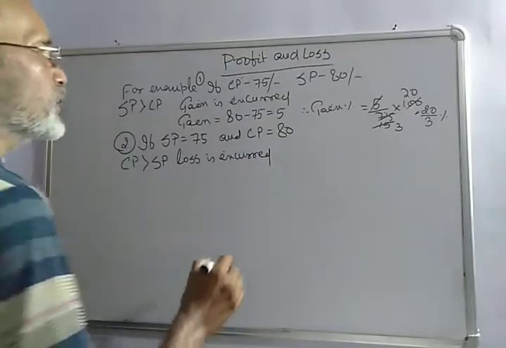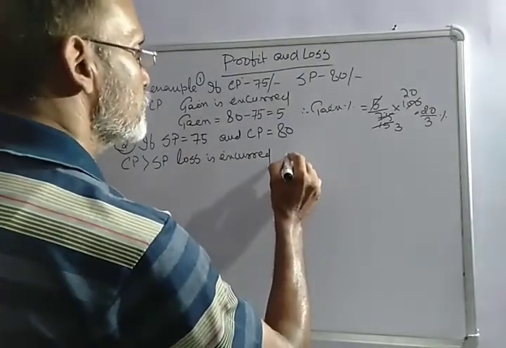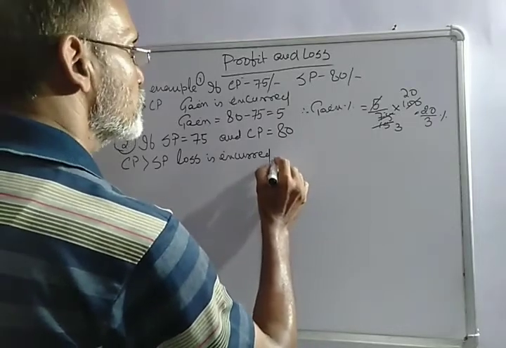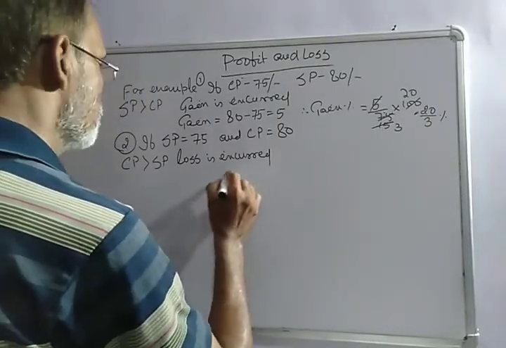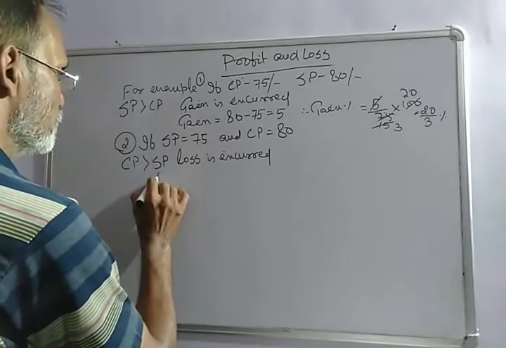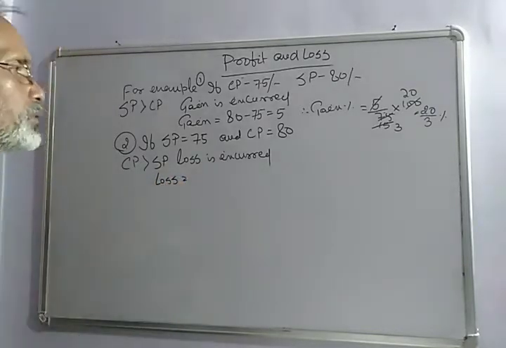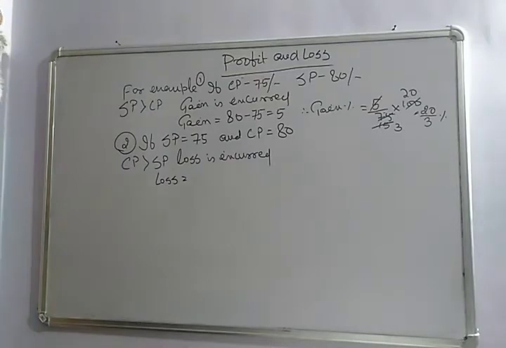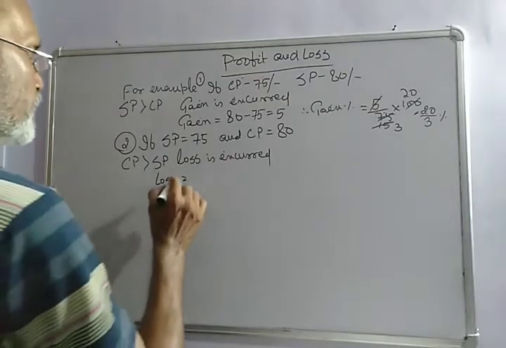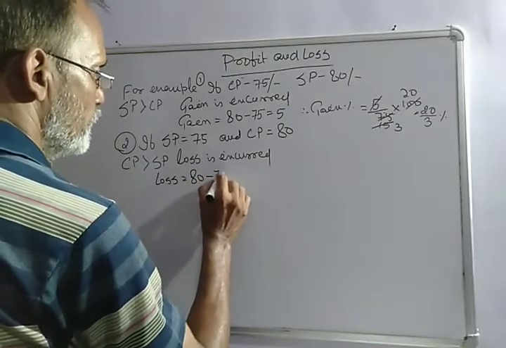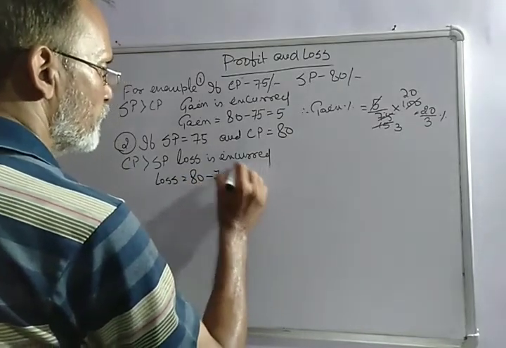So loss percentage is equal to loss, which is 80 minus 75. So this is equal to 5.